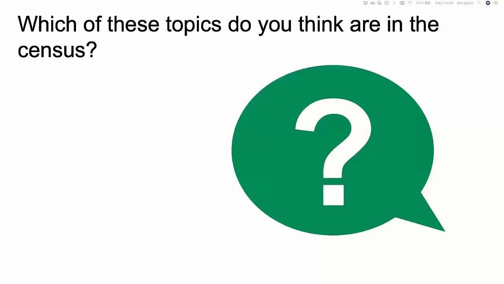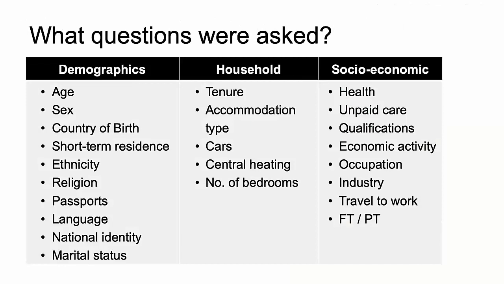We'll move on now and show you what questions were asked. This is a list of the most important topics that were in the 2011 census. I'm not going to go through every one in detail, but you can see, for example, household conditions, things like accommodation, number of bedrooms, type of tenure.